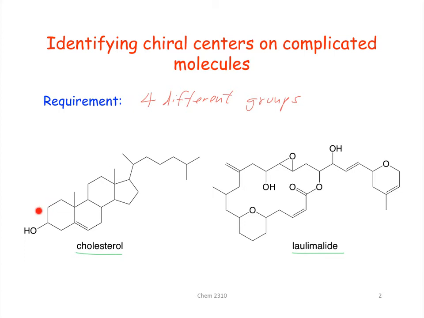It has a CH2, can't be a chiral center. What about this carbon here? All right, for that carbon, we know that it has a hydrogen, so it has an OH, it has a hydrogen. Those are obviously different from one another, but what we have to be able to determine is whether these two carbons of the ring are either the same or different.